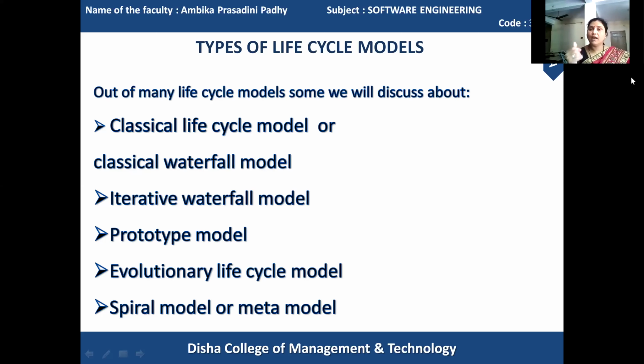For that, we should know the classical waterfall model very well, how it works, how it moves step by step, and how it performs its role. And whatever problems, risks and drawbacks we identify in the classical waterfall model can be recovered in other life cycle models.